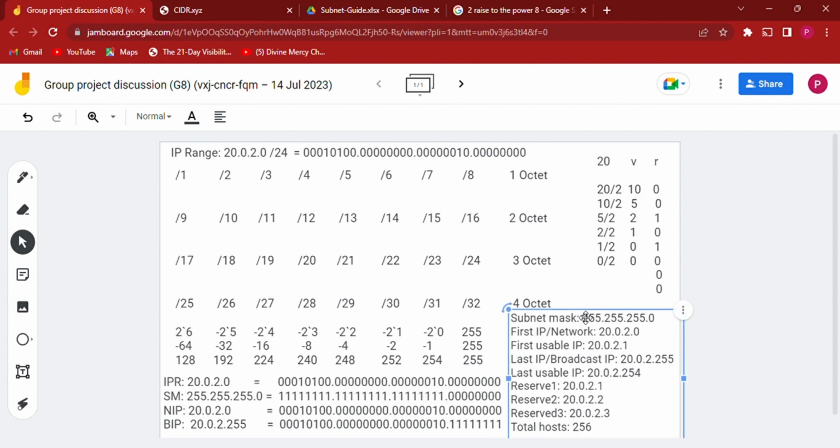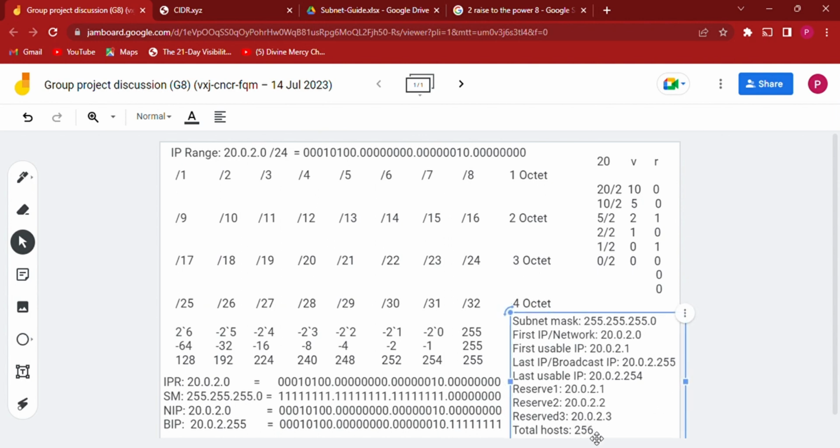Okay, so just know that out of the total hosts, you are reserving 5. So 256 minus 5, you get 251 to use to create your subnets and to allocate to your hosts and all that. So this is when you are working with AWS.